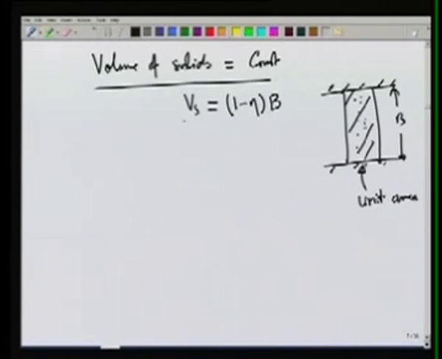Therefore, total volume of solids Vs will be equal to 1 minus eta B. And if this is a constant, then we can use the same formulation as we used before, that delta Vs will be equal to 0.